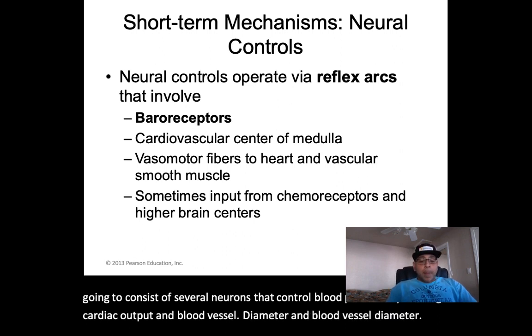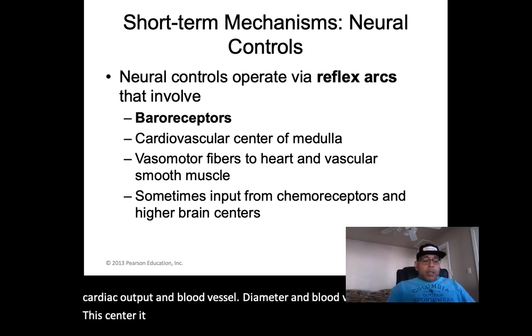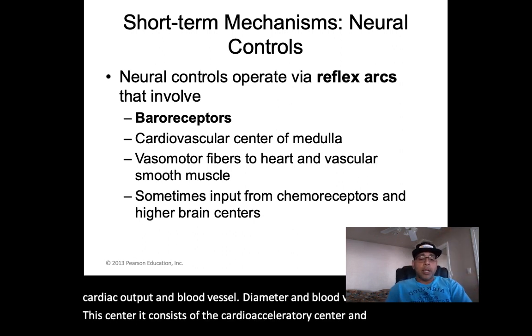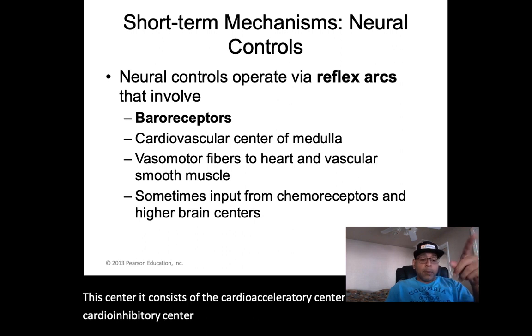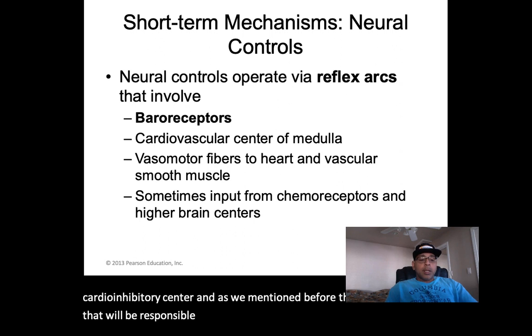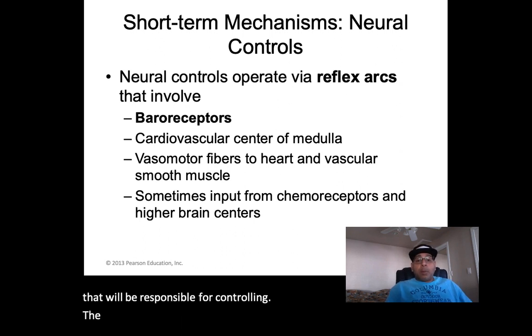This center consists of the cardioacceleratory center and the cardioinhibitory center, and as we mentioned before, the vasomotor center that will be responsible for controlling the diameter of our blood vessels.